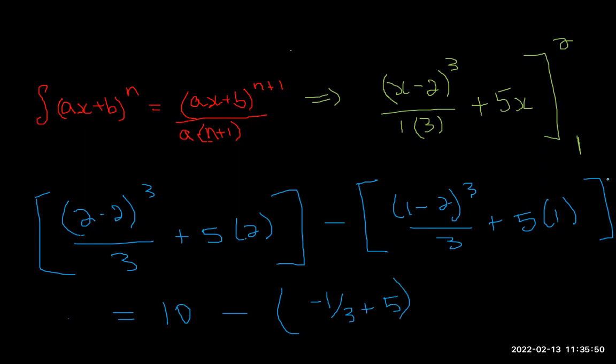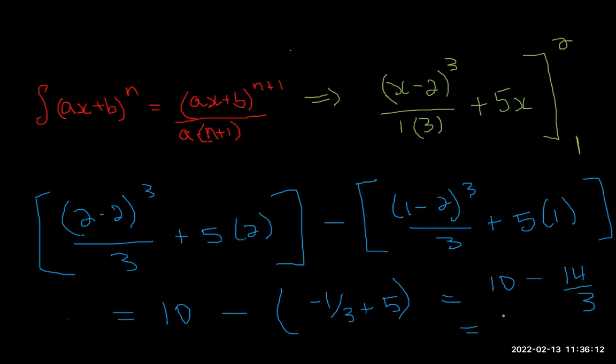You can plug this into a calculator, or you can do this manually. 10 minus this right here. It's going to give me 14 on 3. And then this would end up being 16 on 3. Don't forget the unit.